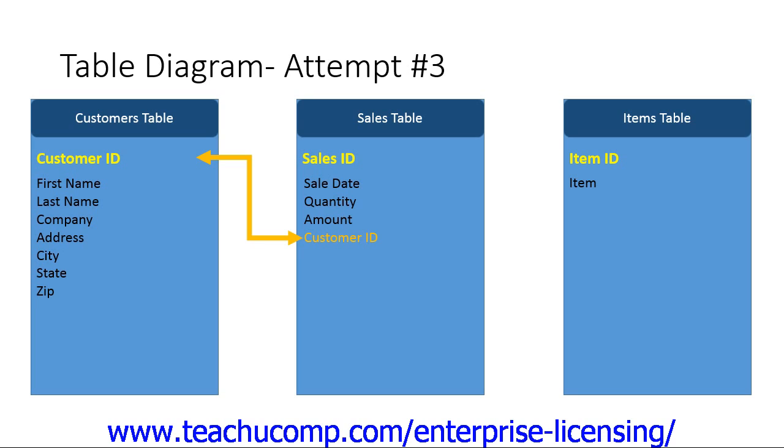Next, you will want to examine the other relationships between the tables. For example, what is the relationship between customers and items? Don't be hasty. Not every table in the database has to be directly related to every other table. The only way that customers and items are related is that the customer purchased the items when making a sale.